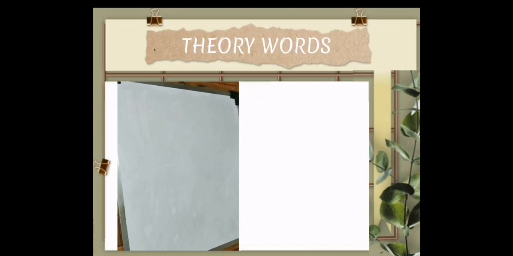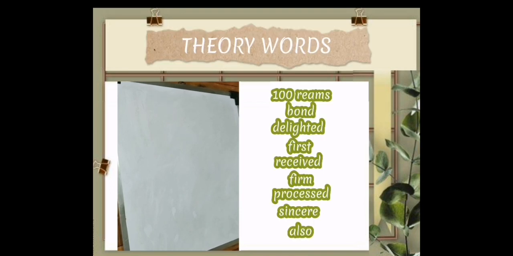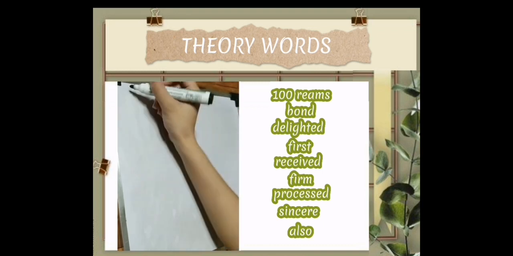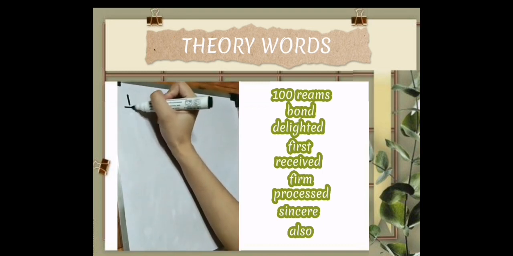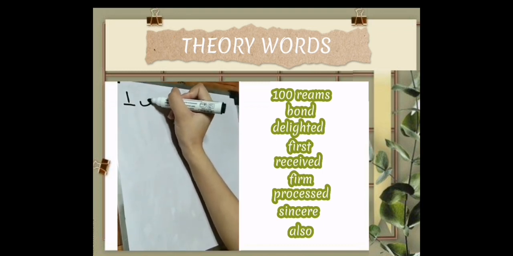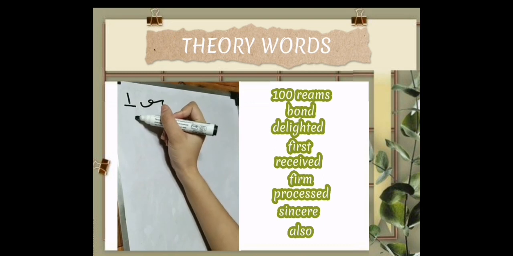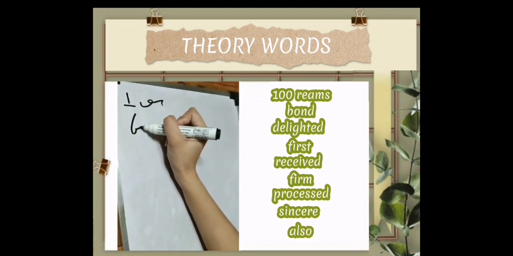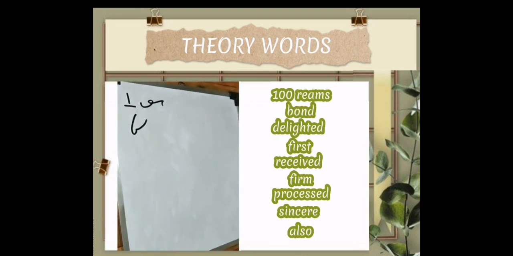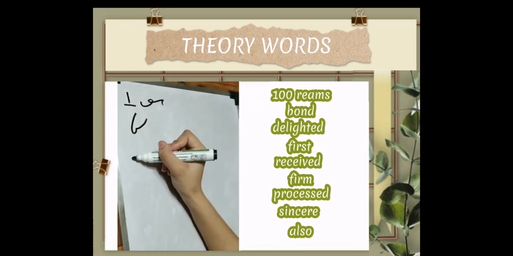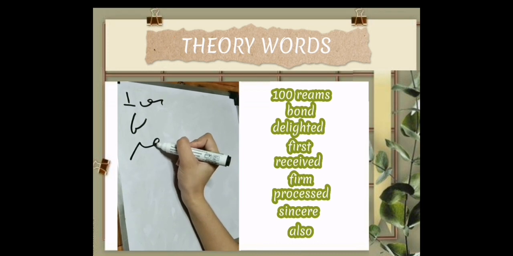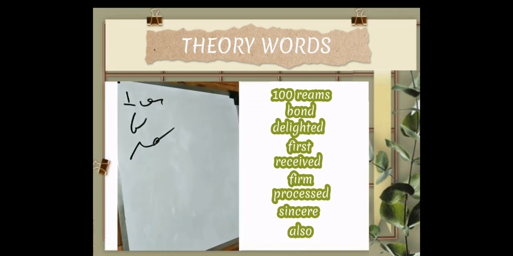In theory words, we have here 100 reams. Next is bond, B-O-N-D for bond. Next is delighted.